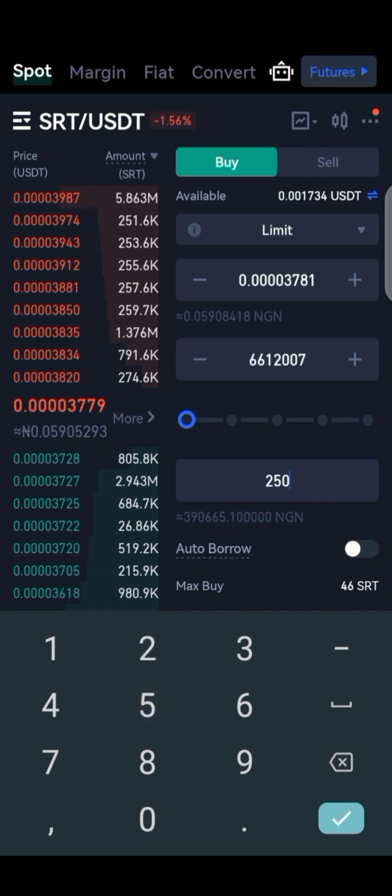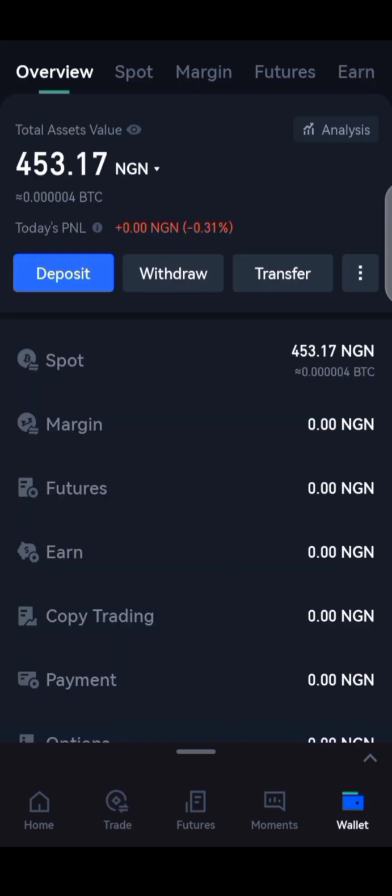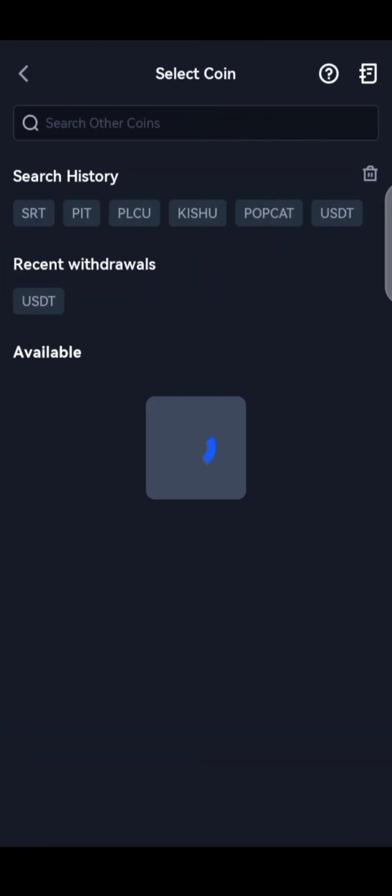With our 250 USD, you will see we have 6,600,000 something of RST. So we now copy it. Let's go and complete our transaction and see how much we will be making. Come to wallet here. We are buying from this exchange and we need to click on withdraw to transfer it to another exchange.